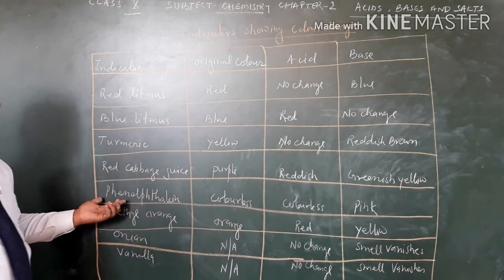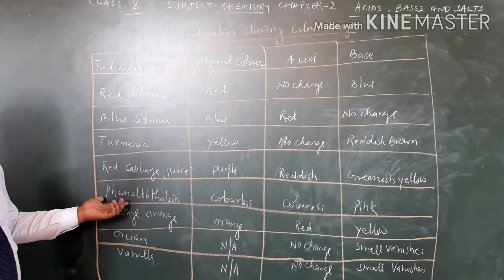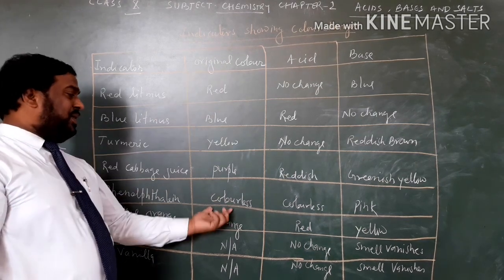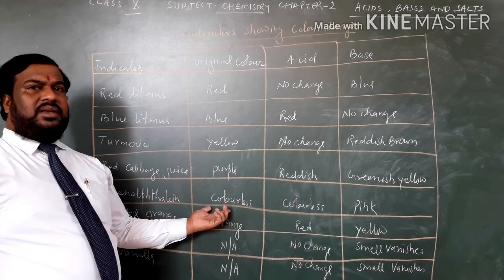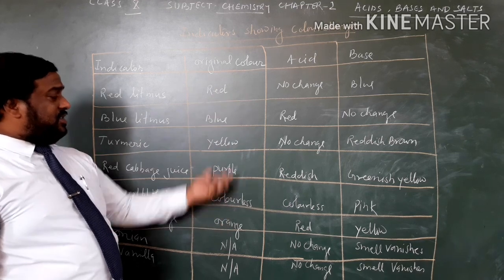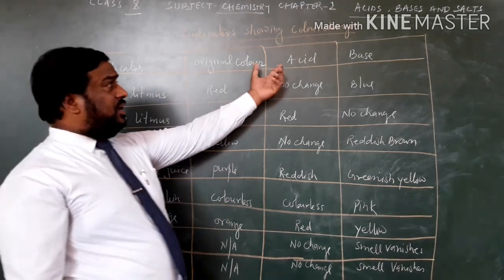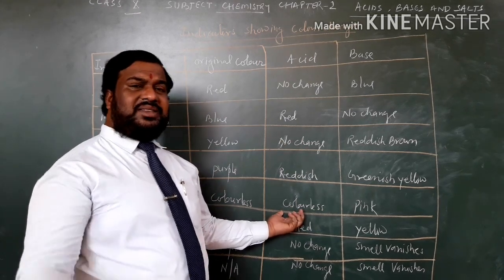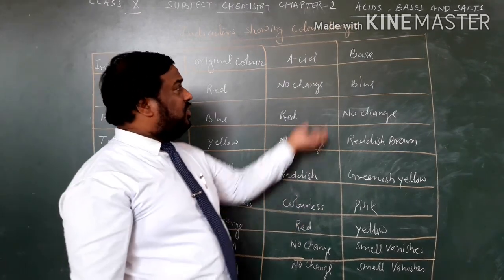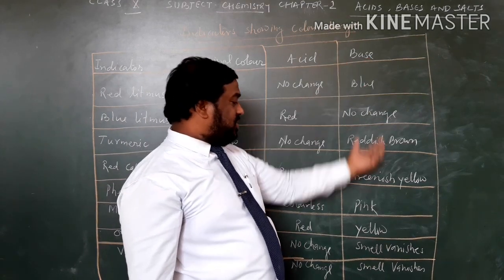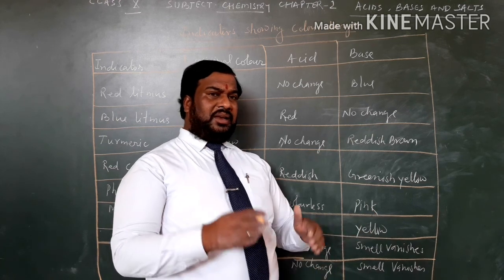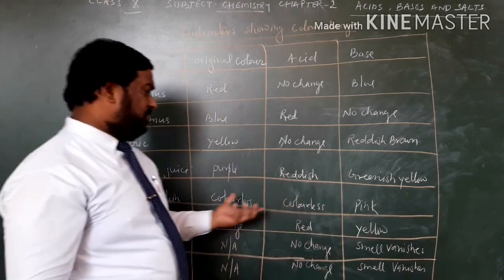Next one, phenolphthalein. It is a synthetic indicator. Its original color is colorless. Whenever this colorless phenolphthalein is mixed with acid, no change, meaning it stays colorless. But in base it converts into pink.